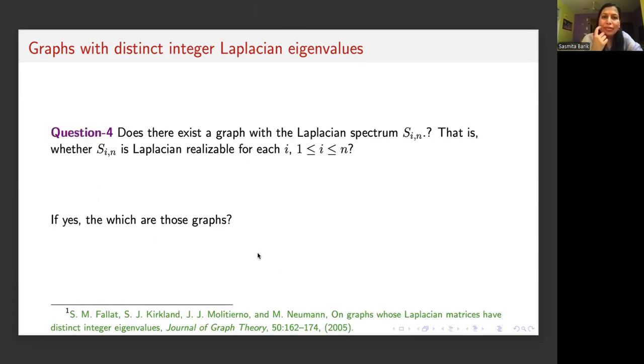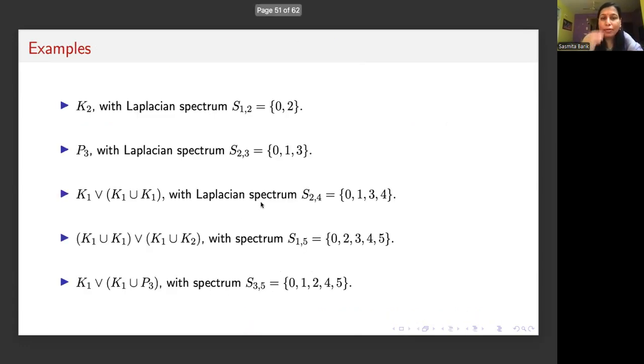We'll first look at whether such a graph exists or not. If the number of vertices is less than or equal to 5, then there are only 5 graphs which take such a spectrum. The first one is K2, which has 2 vertices. Its spectrum is 0, 2.